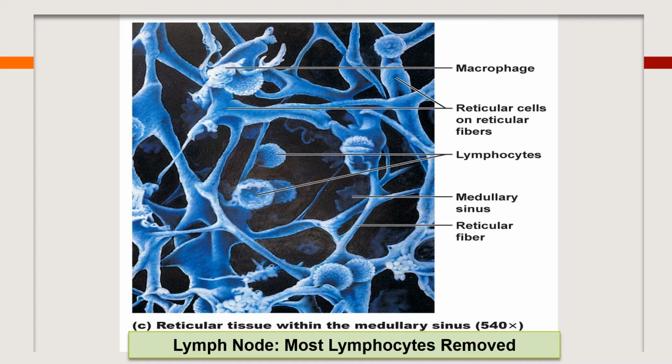If we take the lymphocytes off, okay, as is unfortunately sort of necessary for doing an electron micrograph like this, you'll see that there's this network of reticular fibers with lymphocytes stuck to them.